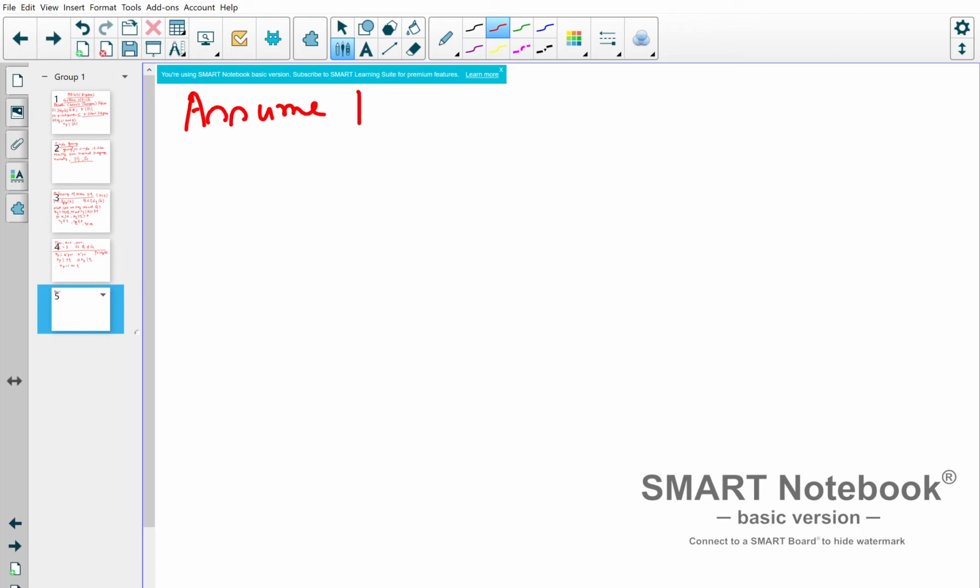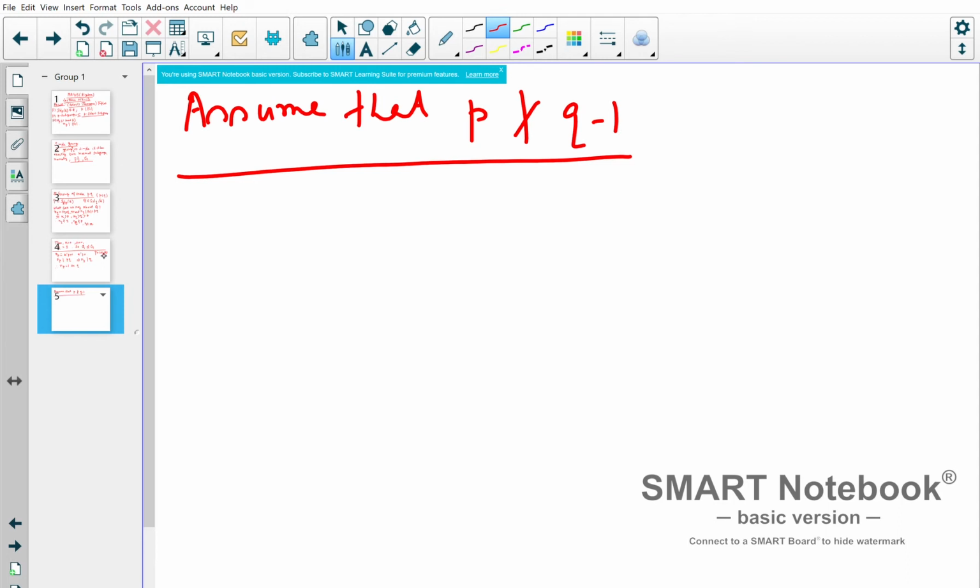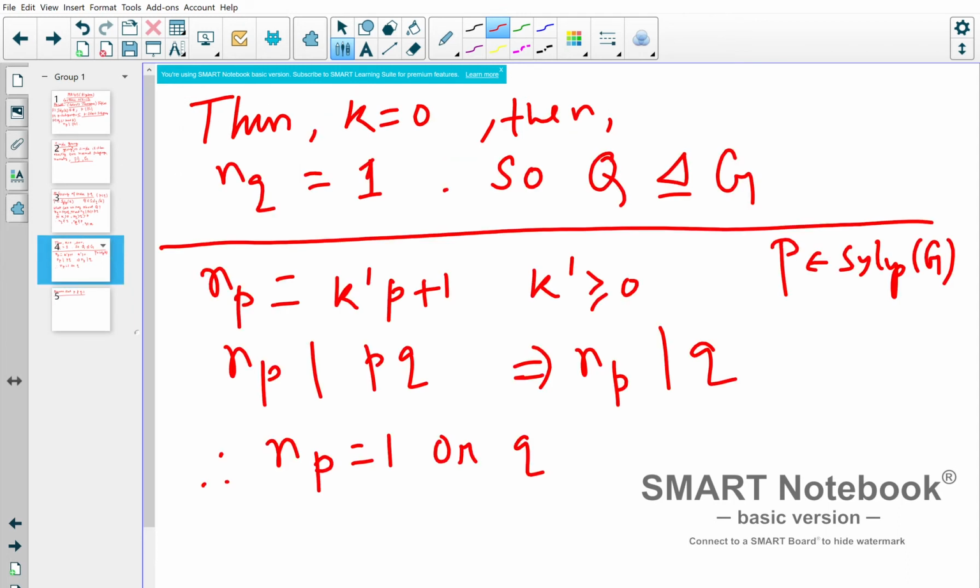So assume that P does not divide Q minus 1. What does that mean? In this first case, if P does not divide Q minus 1, then nP has to be 1. nP cannot be Q.